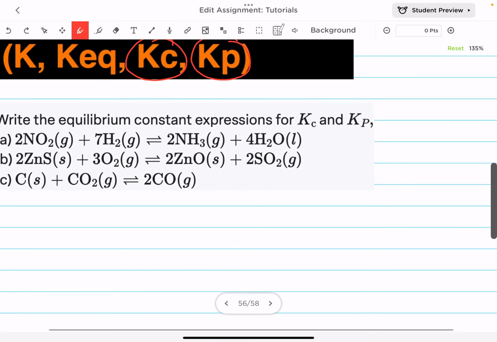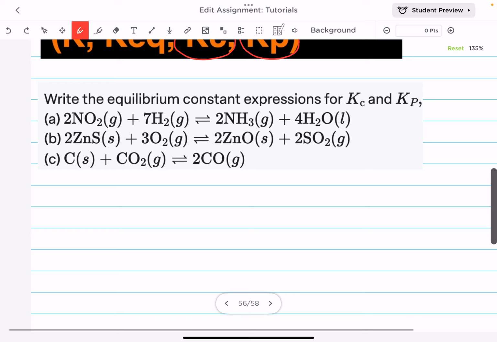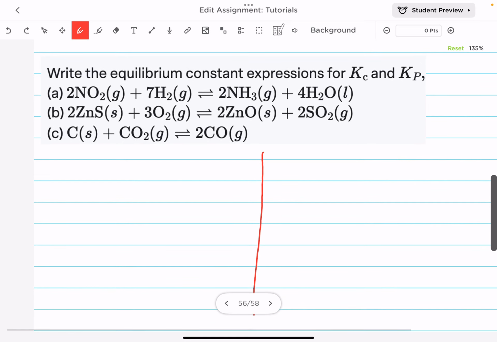Let me give you these 3 examples. Here they are asking each part to write the Kc and the Kp. So Kc, or K equilibrium, I'm talking about A. Liquid will not be included in the formula of K equilibrium.